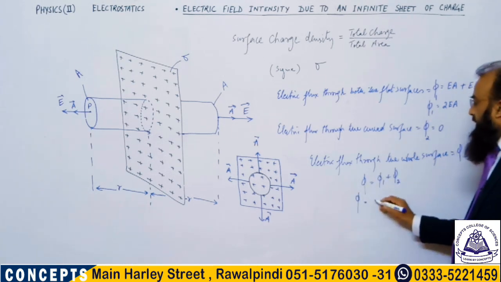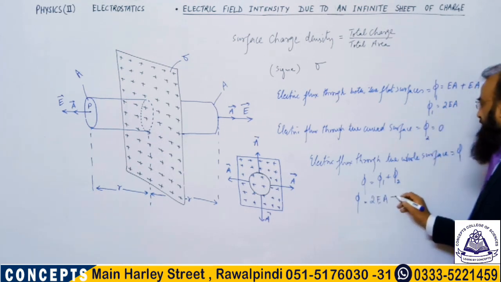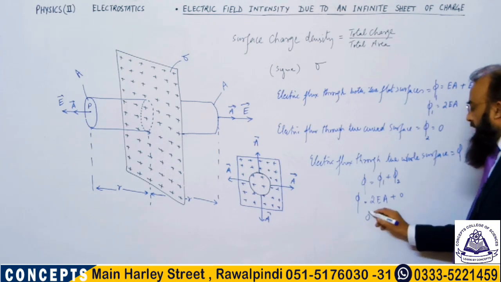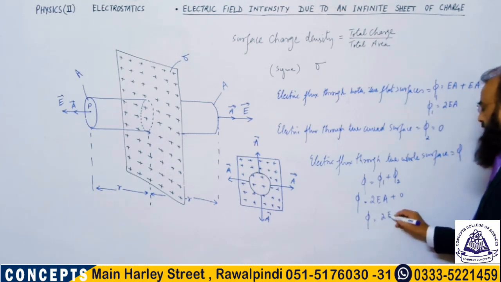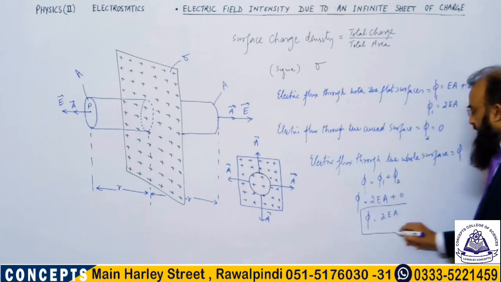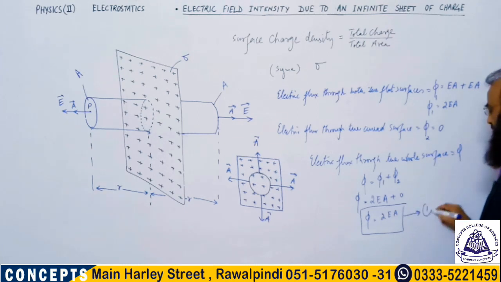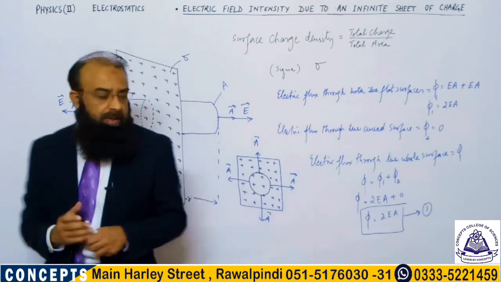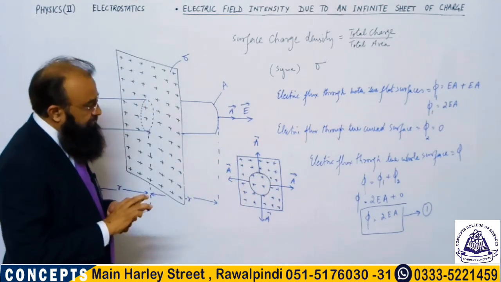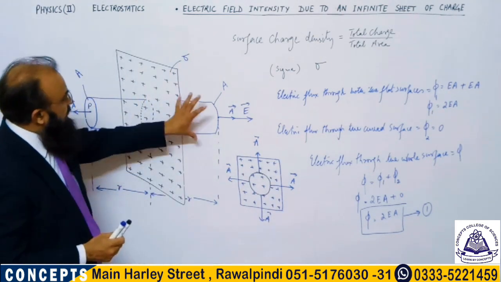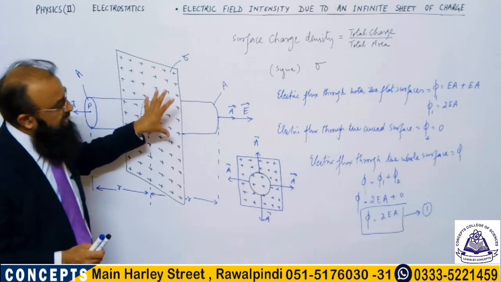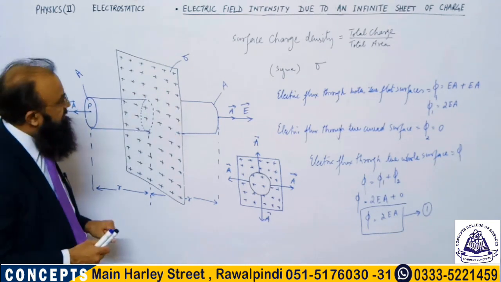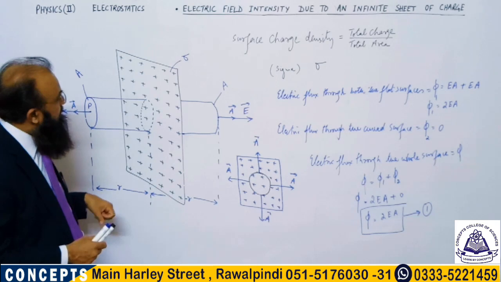So phi is equal to phi 1, which is 2EA, plus phi 2, which is 0. So the electric flux through this surface is 2EA, and let me call this equation 1. Now students, this is the electric flux through this whole surface, the Gaussian surface in the form of a cylinder.